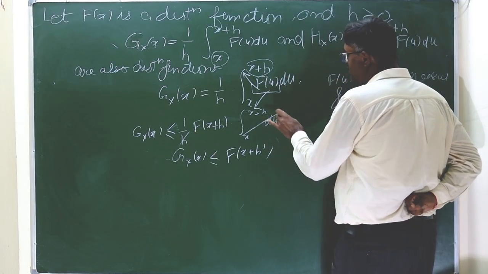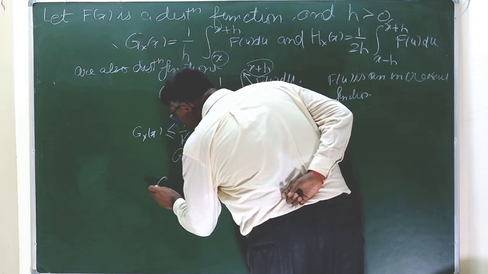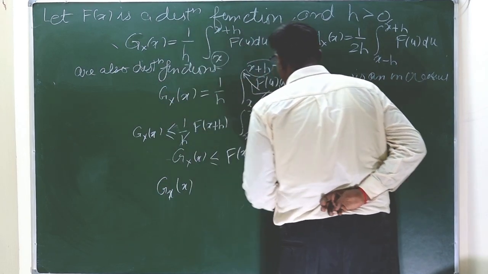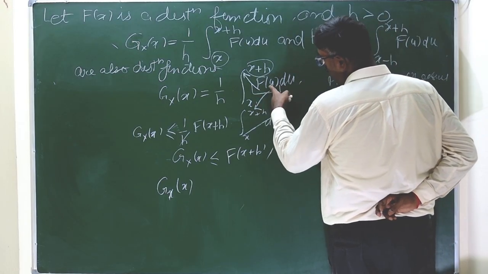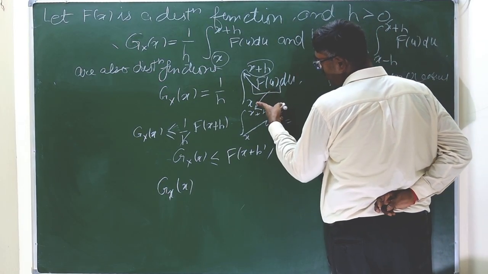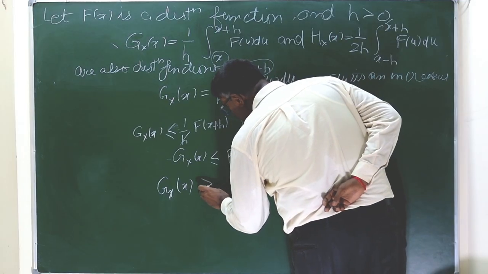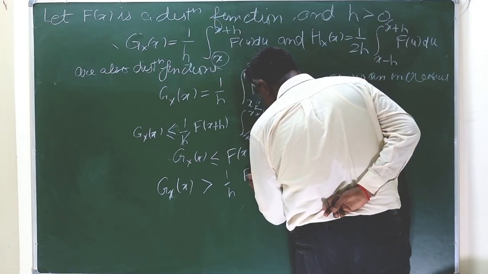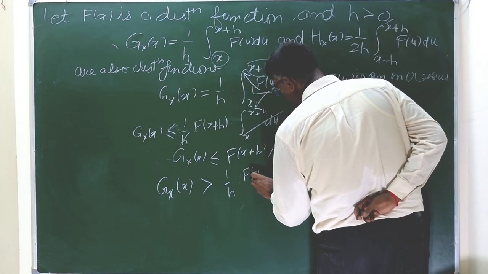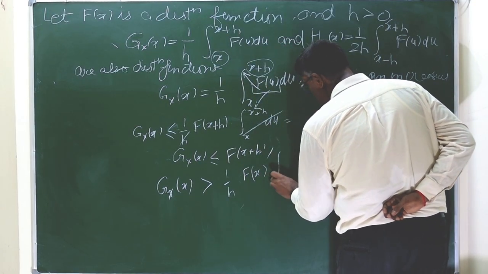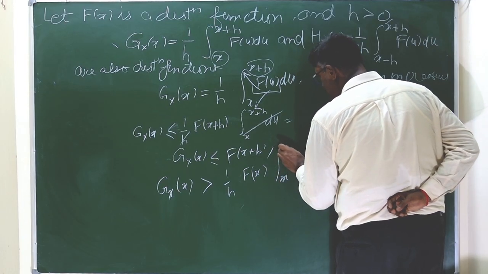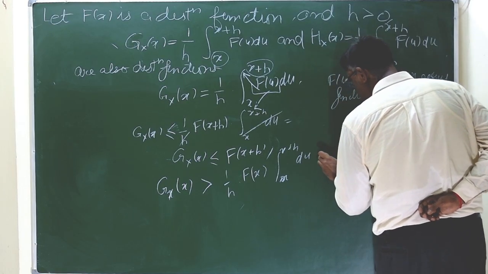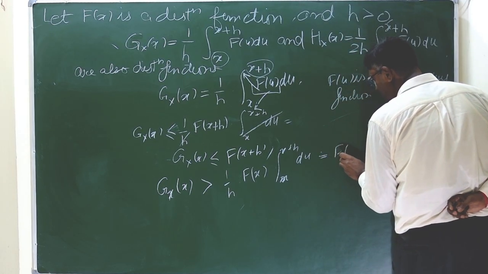Now we will replace f with the smaller value, because f(x) has the least value in this interval, so g(x) will be greater than or equal to 1 over h, f of x, and this integration from x to x plus h of du will be equal to f(x).